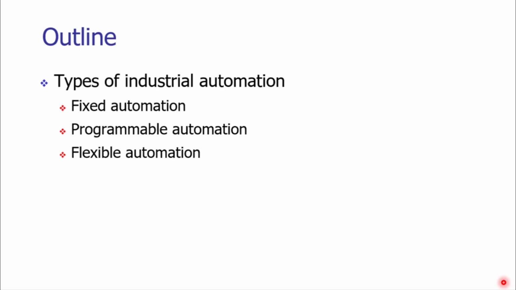We will study where the programmable automation and flexible automation strategies are used. After that, in the context of development of an automated system, various mechanisms or machines that are used will be studied.